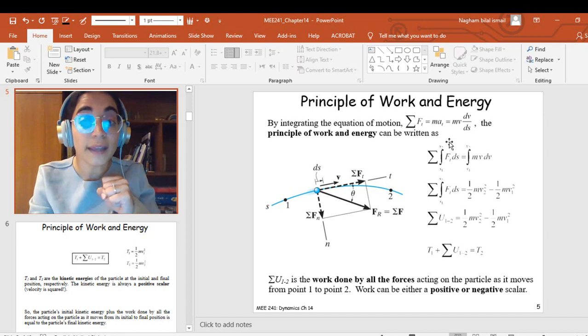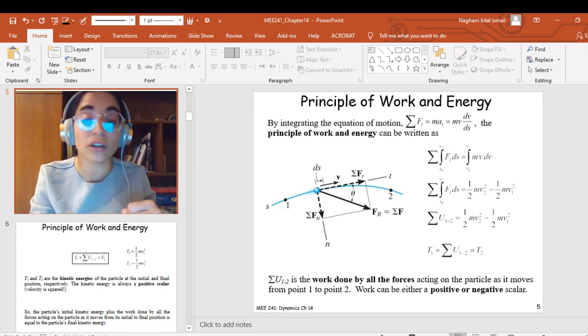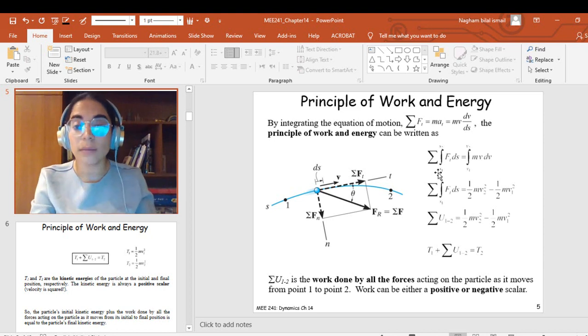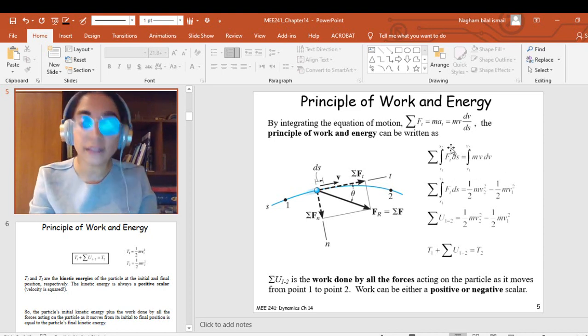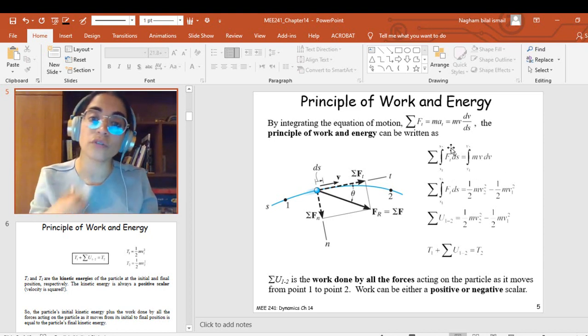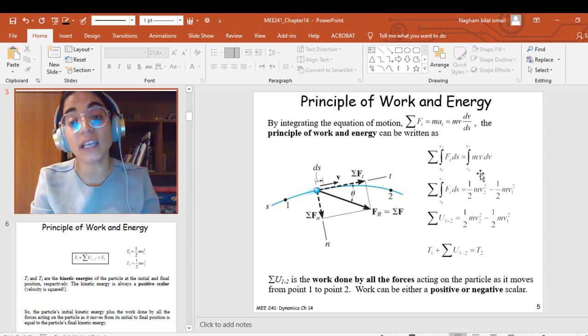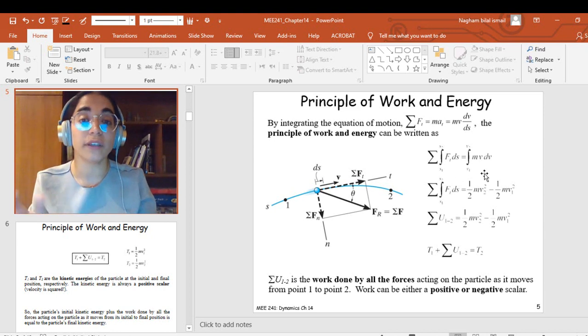Then if I do the integration, because this is a differential equation between s1 and s2, I'm gonna have this formula. The integration of the sum of forces, or the sum of the integration of the force ds, is equal to the integration of mv dv.